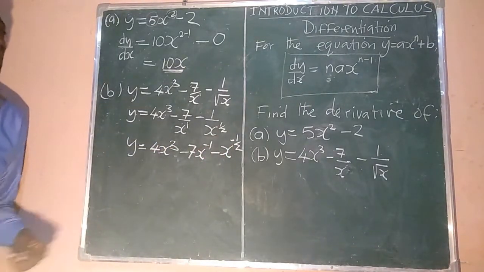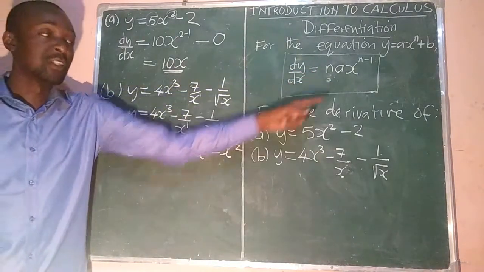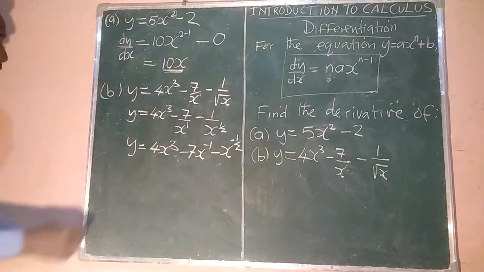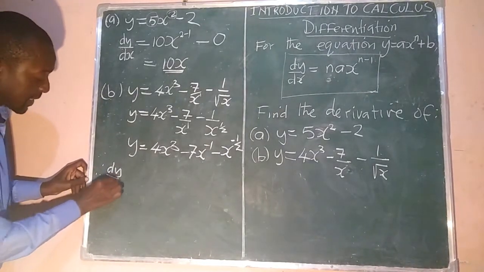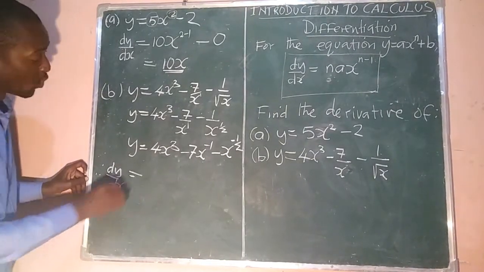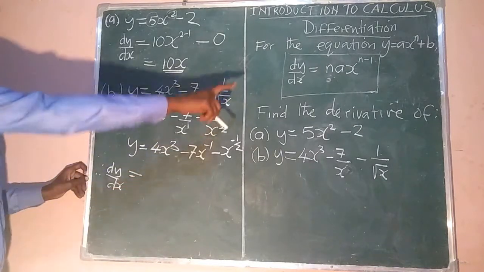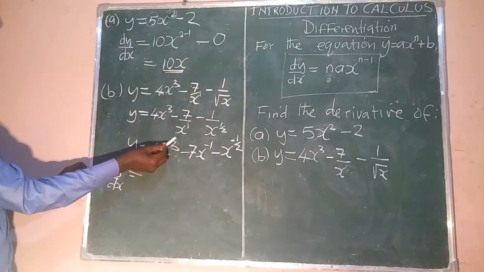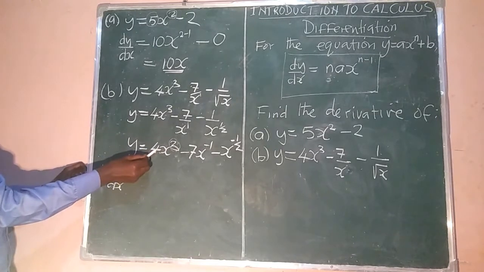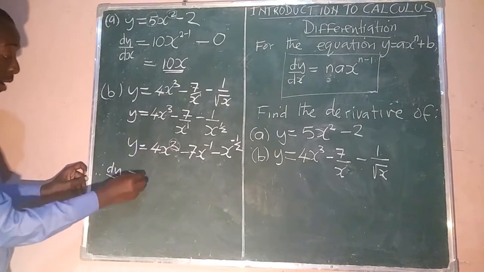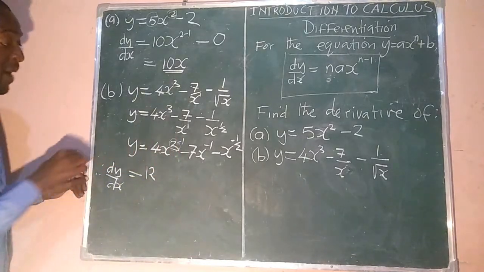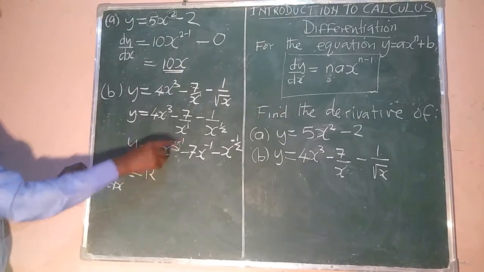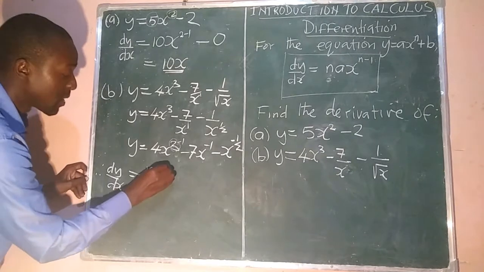At this stage, we can apply our formula for differentiation. Therefore, dy/dx will be equal to, applying our formula, 3 times 4, which gives 12. Then you subtract 1 from the power, 3 minus 1, so you have x to the power 2.